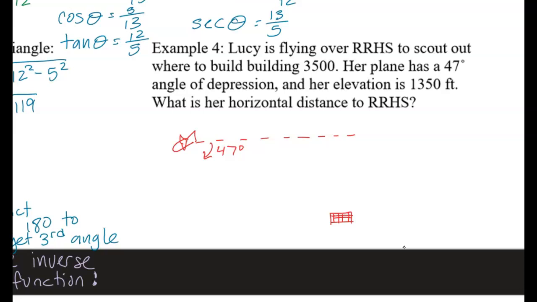And I'm just going to draw a line between her plane and the school. I'm going to draw the ground, and I'm going to draw a line to represent her building. So where should I put that 1350?